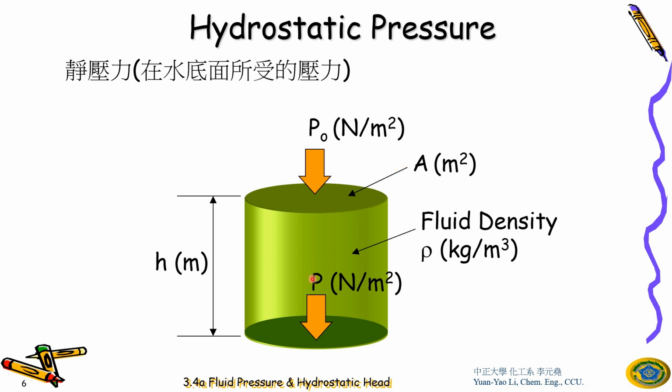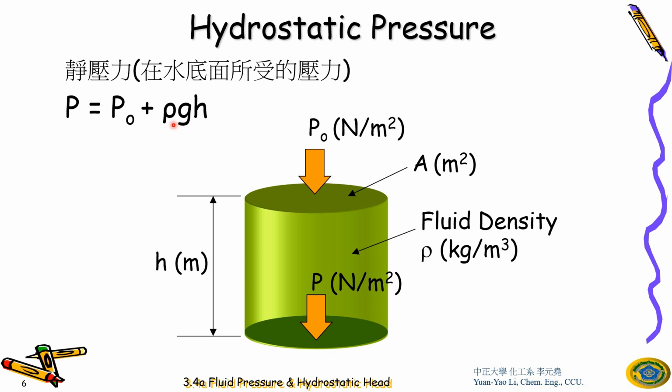For example, this is a sea or a river, and then you have the ground. You measure the pressure in the river. The pressure here will be equal to the pressure from the air plus the pressure from the liquid. I'm sure you learned this in junior high school: P equals P0 plus rho g h.